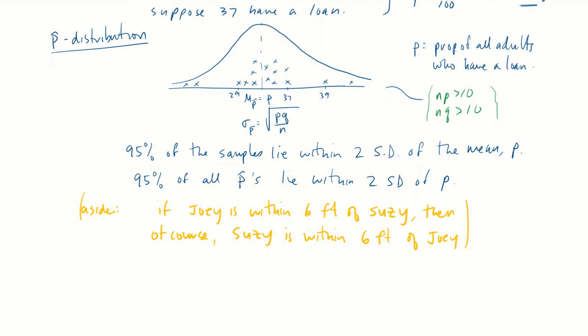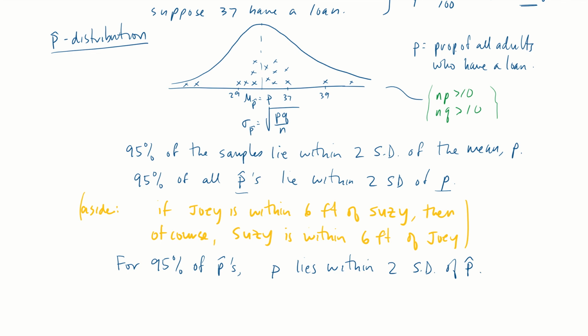We're saying 95% of all p hats lie within 2 standard deviations of p. So if this is Joey here, and this is Susie here, I can switch them. So for 95% of p hats, p lies within 2 standard deviations of p hat.